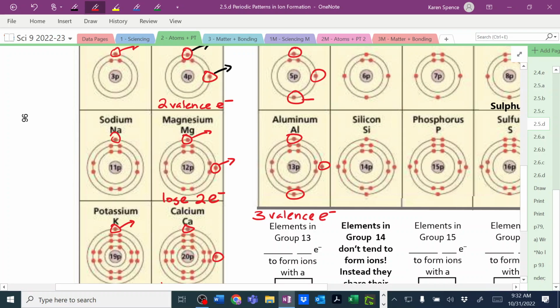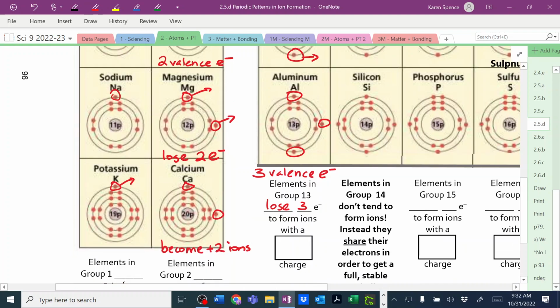And so they will tend to lose 3 electrons. And if you lose 3 electrons, what charge do you become? +3, or 3 plus if you prefer.